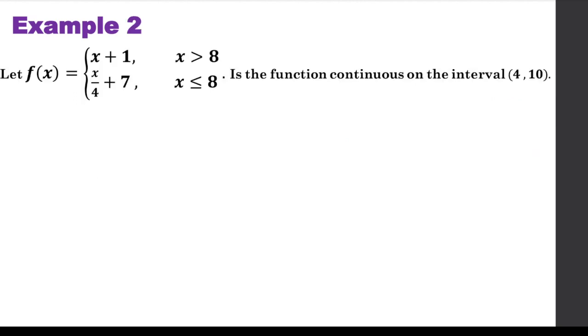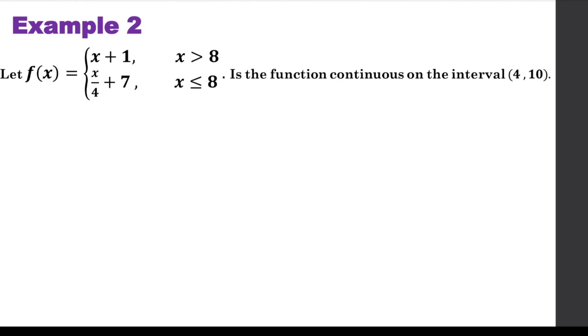Another example, let us identify if the given piecewise function is continuous on the given interval. So we have x plus 1 and x over 4 plus 7. These are both polynomial functions, and polynomial functions are continuous everywhere. But since this is a piecewise function, this function may possibly be discontinuous at 8.